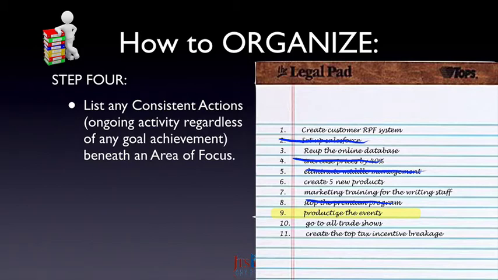And once that goal is achieved, no need to take that action anymore. But there are some actions that you're going to take throughout the year or even for the foreseeable future, regardless of how many goals in that particular area of focus are achieved. They're not only associated with the achievement of a goal. They're just actions that you do and you do and you do.